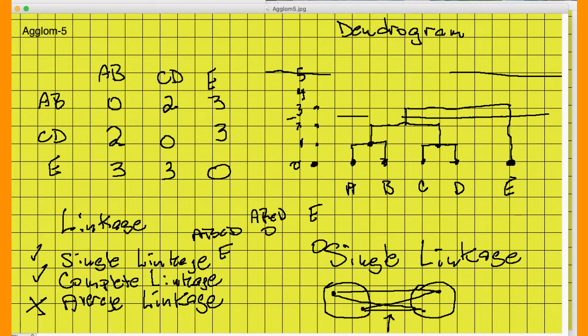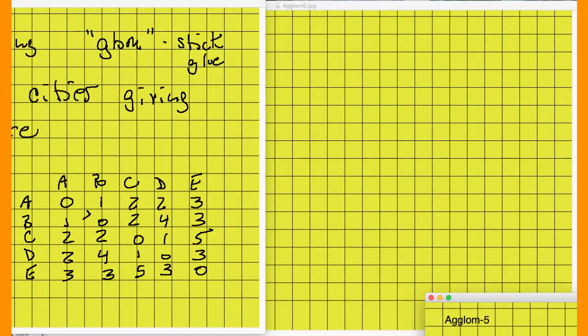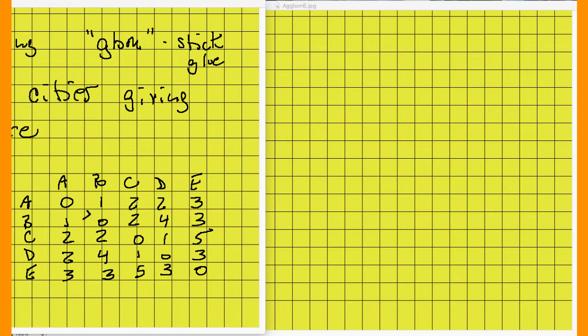What I want to do now is consider the other one, which is called complete linkage. I want to go back to the original drawing here. First of all, I will notice that, at least initially, it looks like A and B are going to be right near each other.